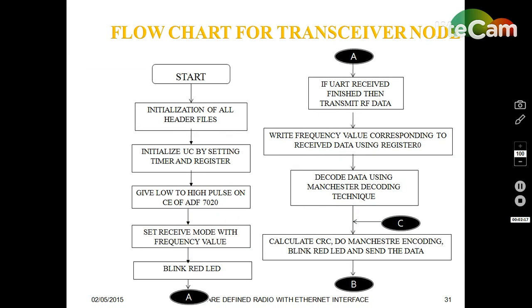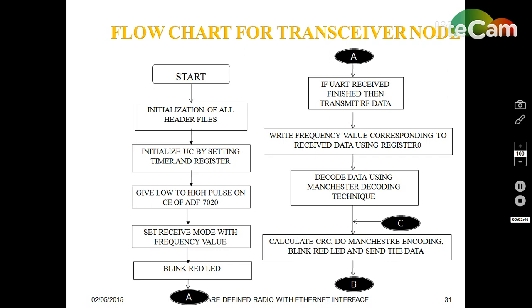Next is the flowchart for the project. Flowchart for the transceiver node. In the transceiver node, we have to initialize all the header files, and we have to initialize the up counter by using timers and registers. Then give a low to high pulse on chip enable to power up the ADF7020. Then set the receiver mode with the frequency value.